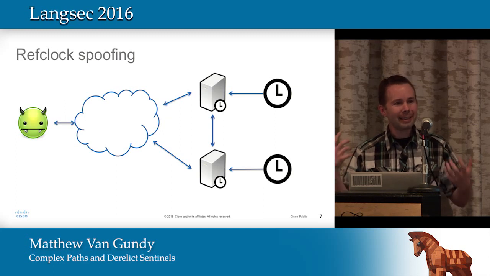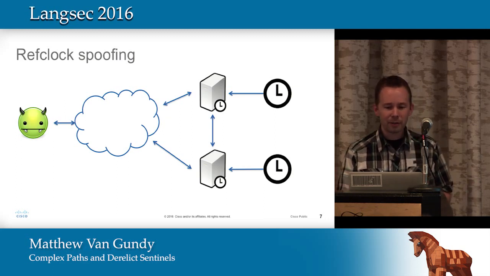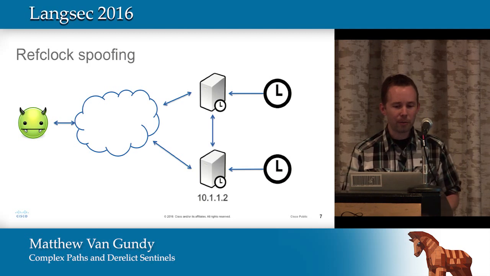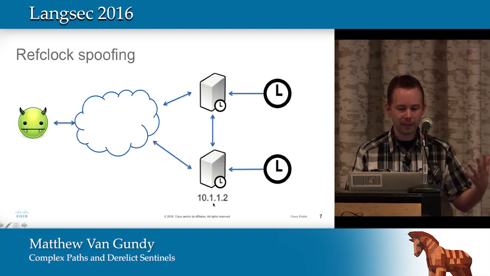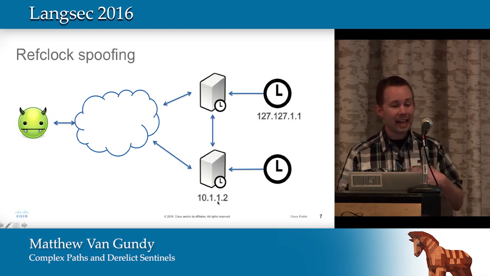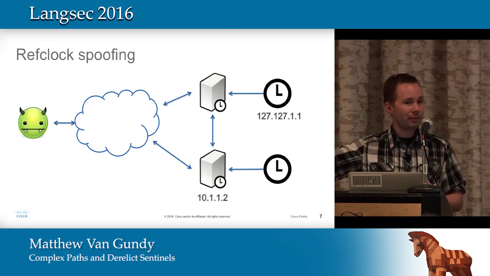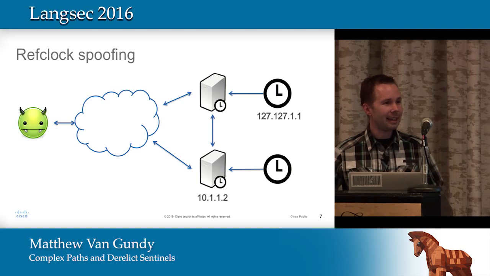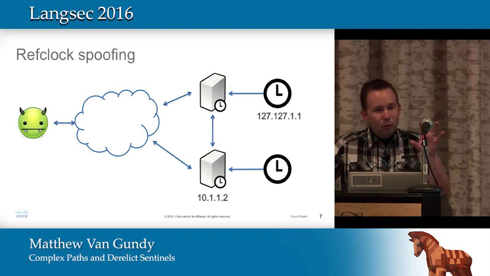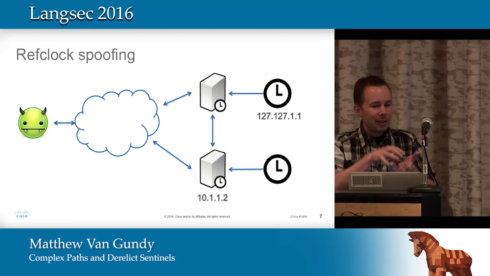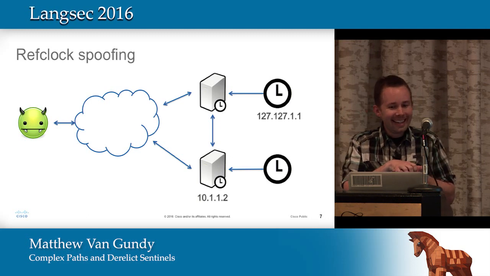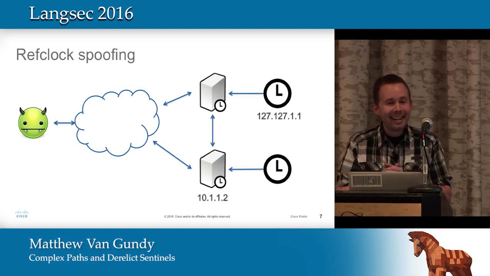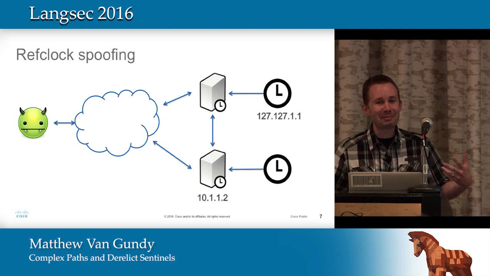So where do we get these IP addresses? Well, we identify our remote peer that we're synchronizing to using their IP address. So we'll just assign a localhost IP address to our Refclock. And whenever we get a Refclock packet, we'll basically create a fake network packet, put the Refclock's IP address on it, and process it. Does anyone see a potential problem with this?